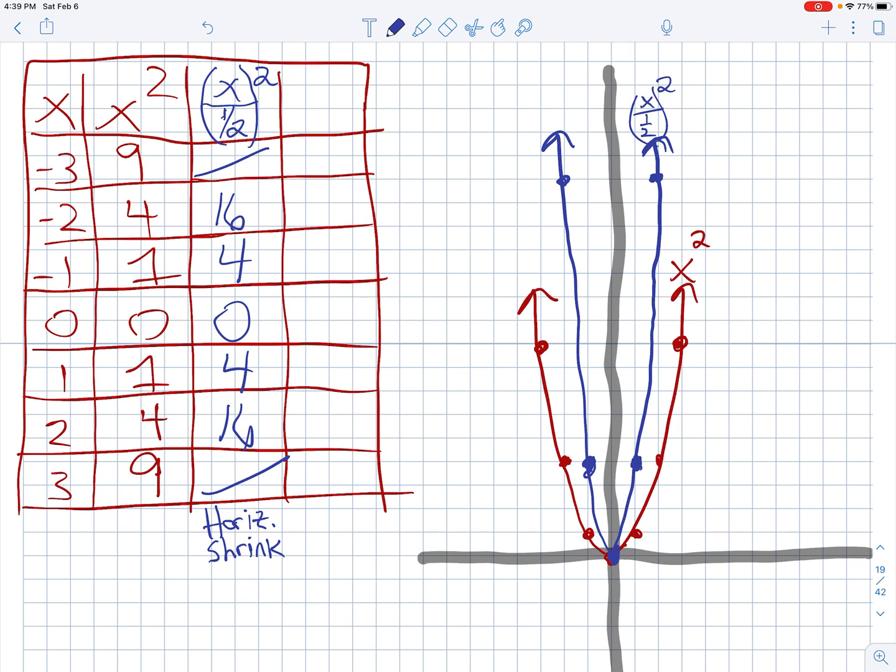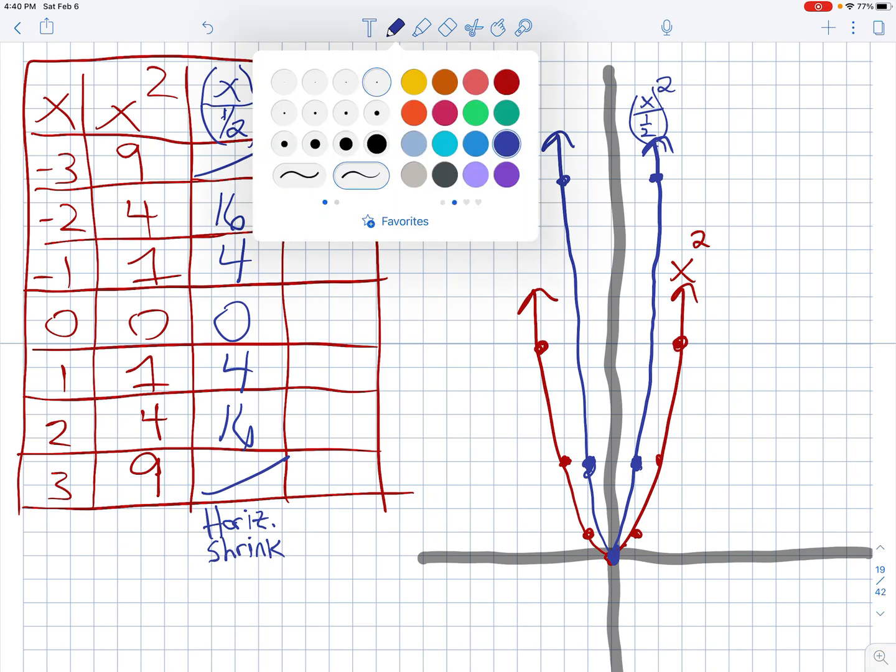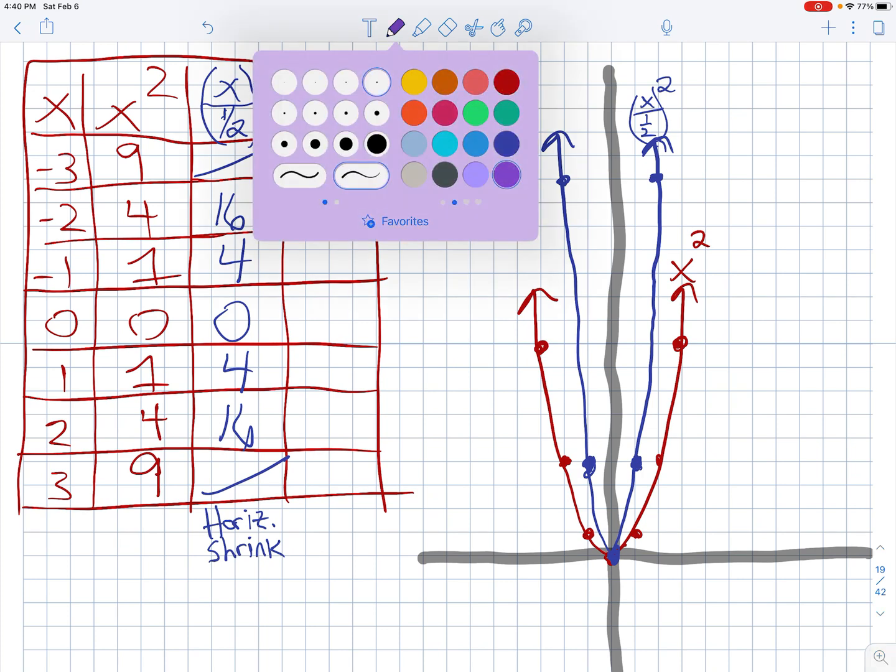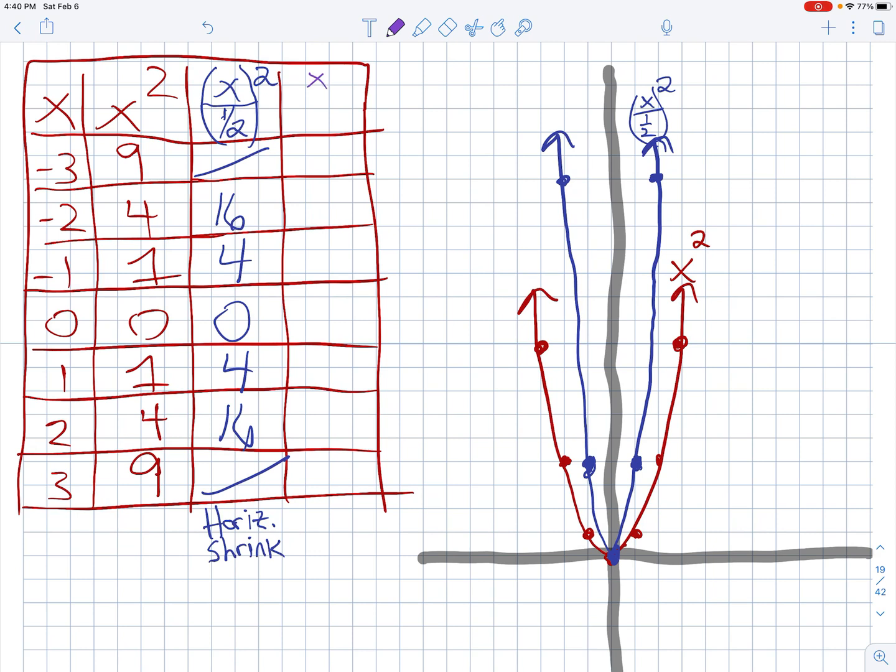So this is a horizontal compression, or you can call it a shrink. Once I get done with the graphs, I'll explain what you will need to do by looking at an equation to determine if it's a horizontal stretch or a shrink.